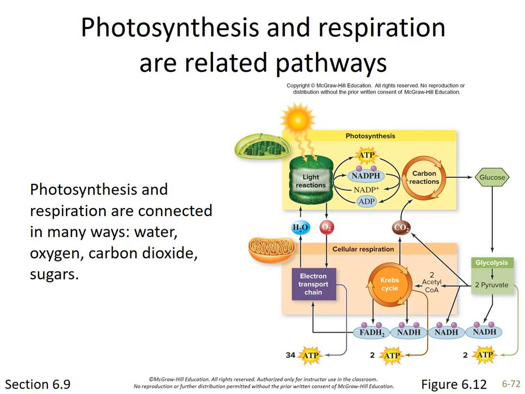Okay, photosynthesis and respiration are related. They are complementary. They're connected in many ways. Water, oxygen, carbon dioxide, and sugars are all part of their reactants and products. They're just reversible reactions. They both involve cyclical energy creating and energy using processes. They both occur in the cell.